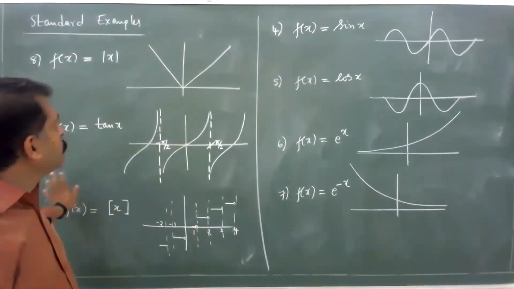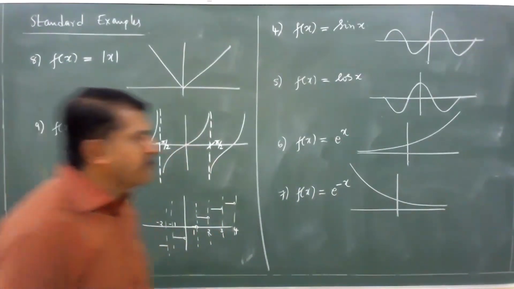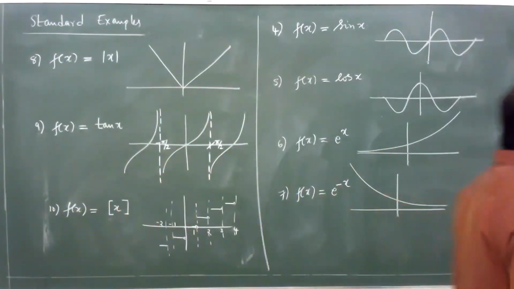Okay? Few standard examples, few graphs. Try to remember these. The modulus of x function, this greatest integer function. These are all functions you have studied in your first year PUC, standard graphs.